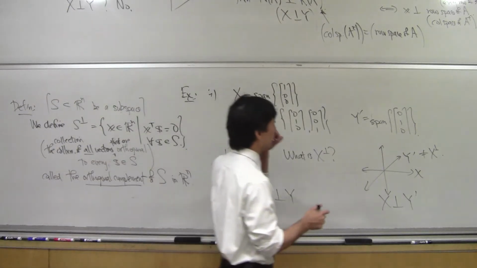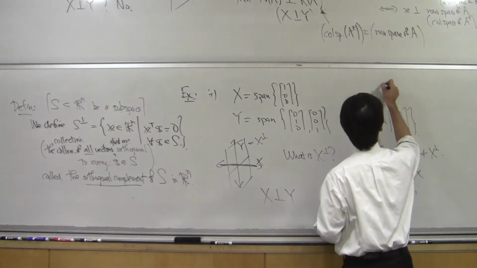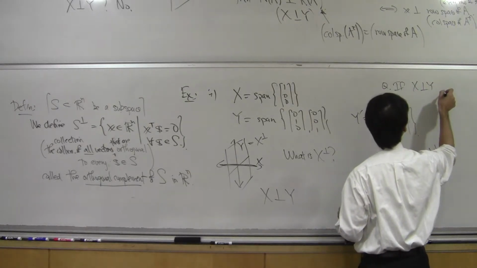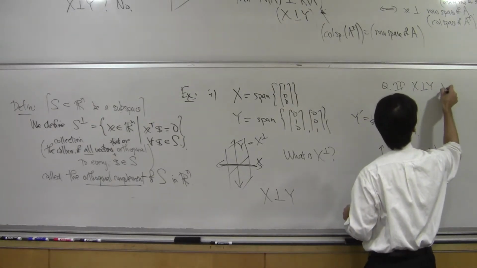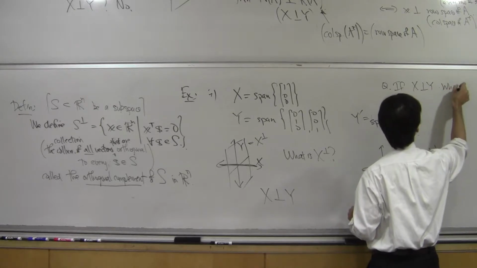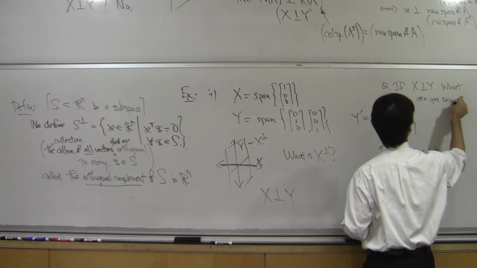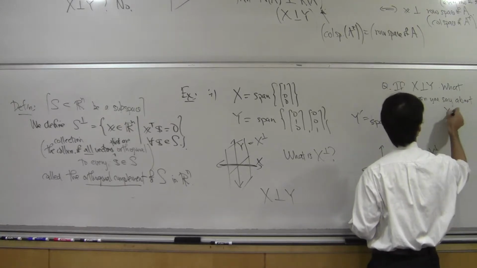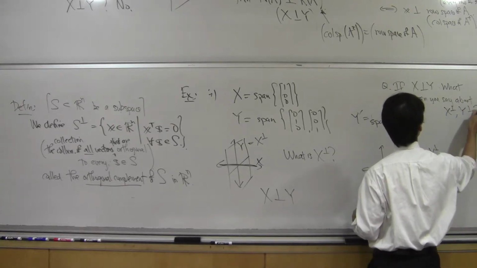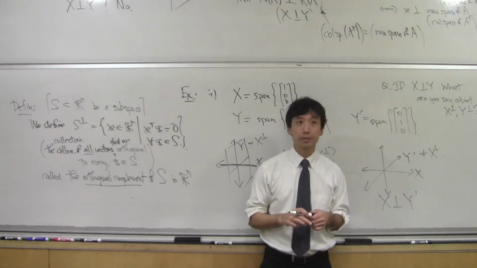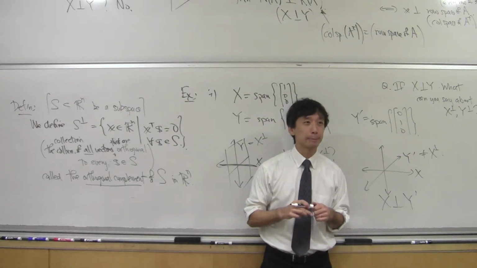Okay, related to this, if you know that x and y are perpendicular to each other, then what can you say about x perp and y perp? If you know that you've got orthogonal subspaces, well, what does that tell you?